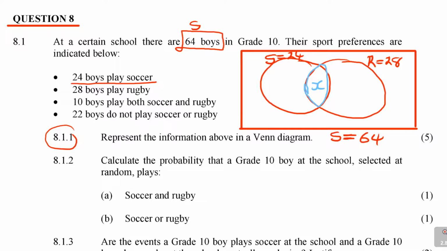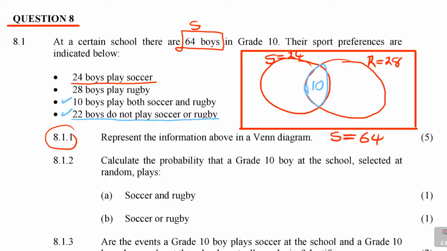Actually, they told us. I didn't read that properly. 10 of them. So how many are playing both soccer and rugby? There are 10 boys. So I'll come here and say 10 boys play both soccer and rugby. So we are done with the first one. The last statement says 22 boys do not play soccer or rugby.